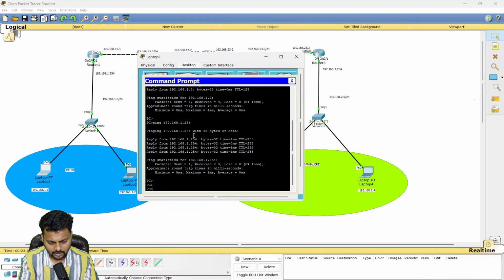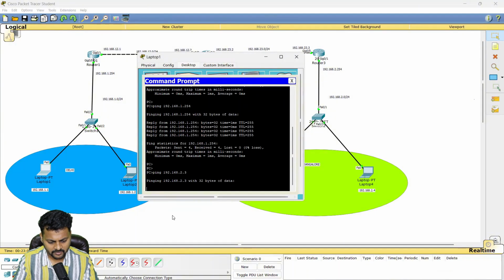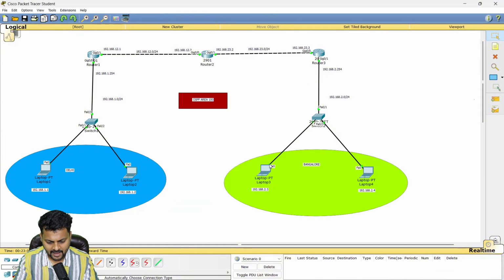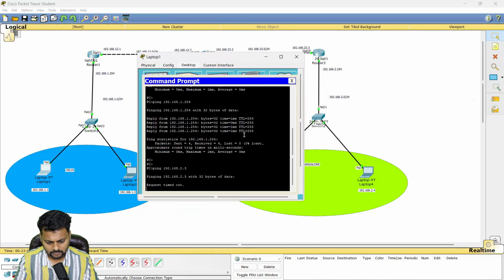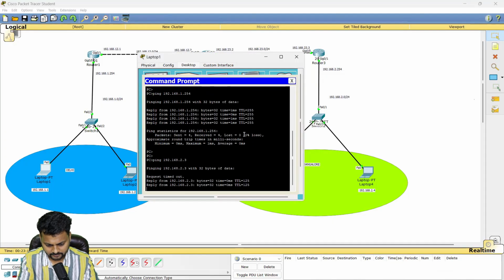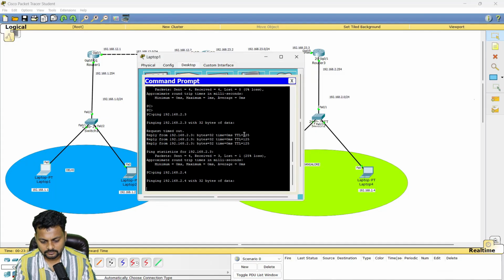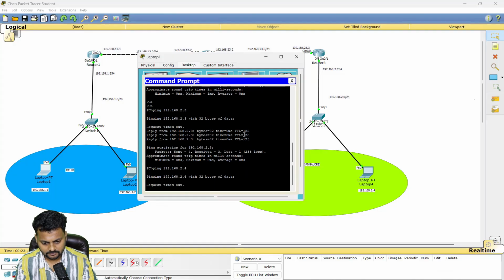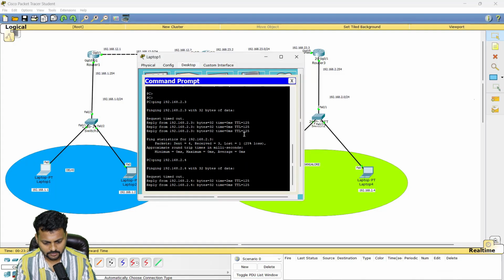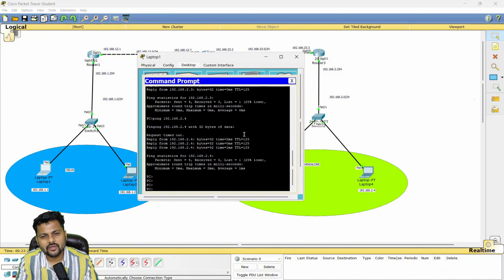Now I'm going to send the packet to 2.3, which is from Delhi to Bangalore. All good. And I'll send the same ping to 2.4 as well. All good. So my ping is working fine right now.